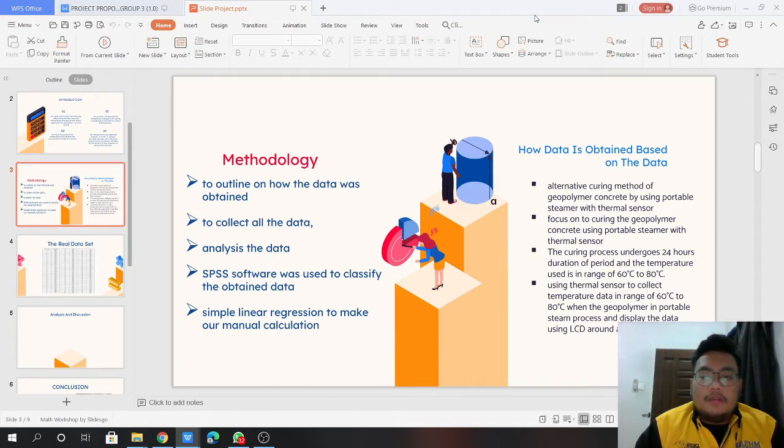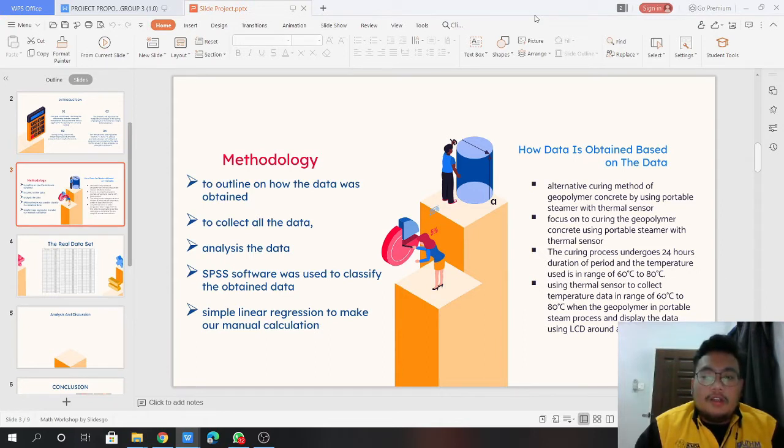The thesis focuses on curing geopolymer concrete by using a portable steamer with a thermosensor. The curing process takes around 24 hours, and the temperature needs to be in the range of around 60 Celsius to 80 Celsius.